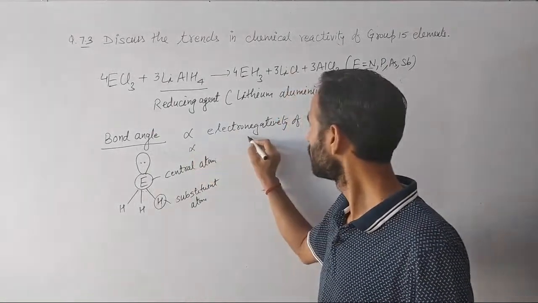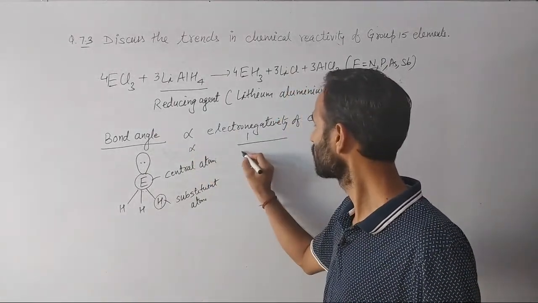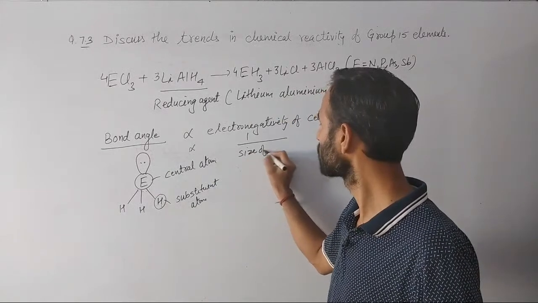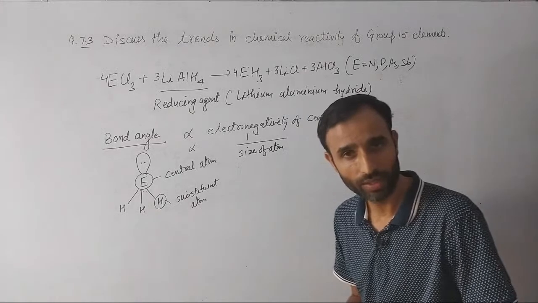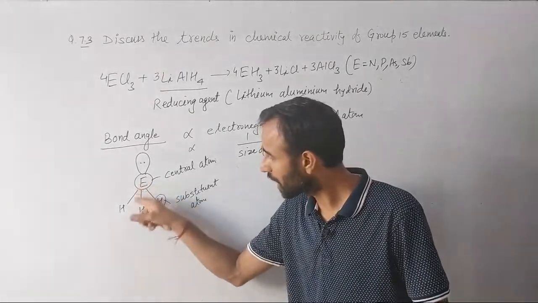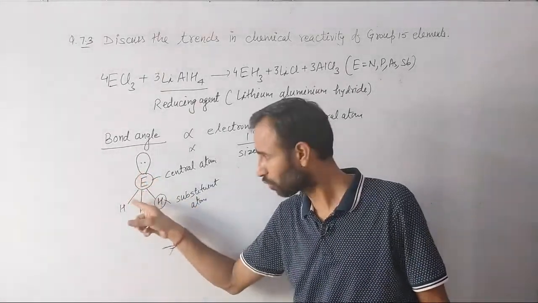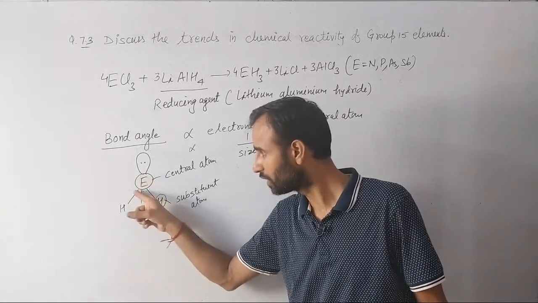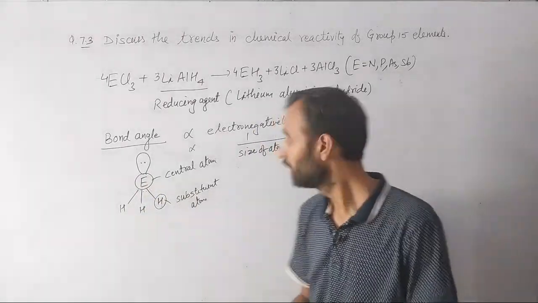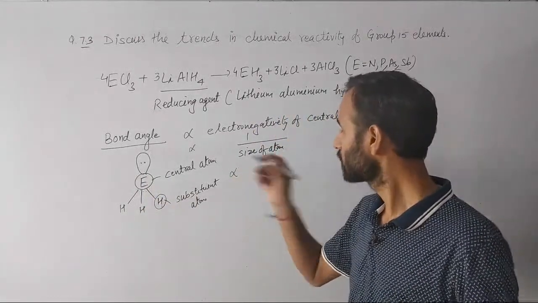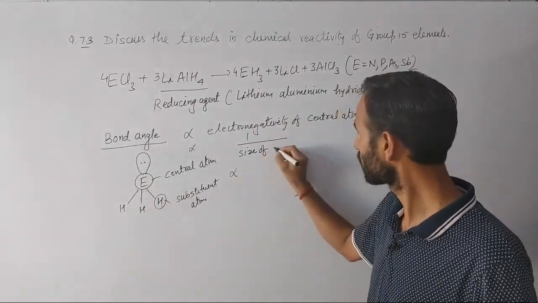and it is inversely proportional to size of atom. You know, if size is small, then bond pairs are close to it. If they are close to it, the bond pair repulsion is more. Okay, it is size of central atom, right?